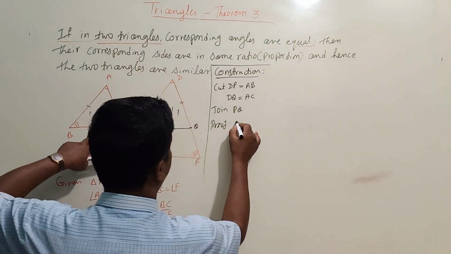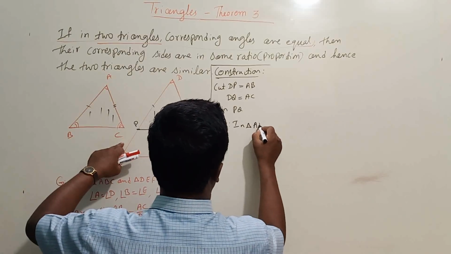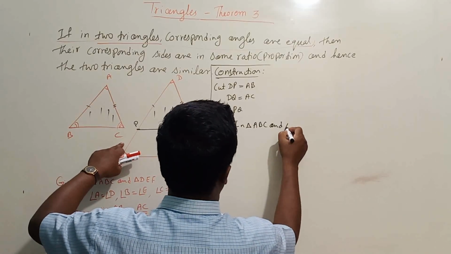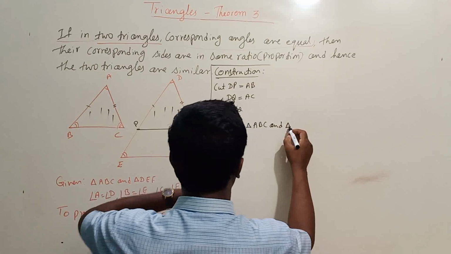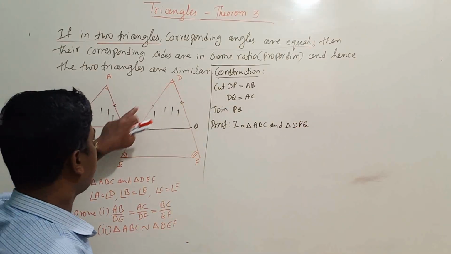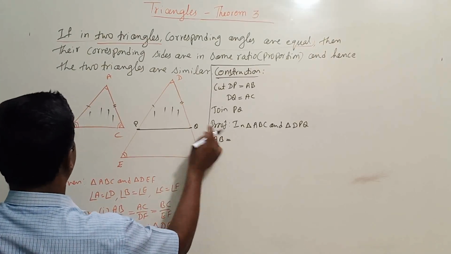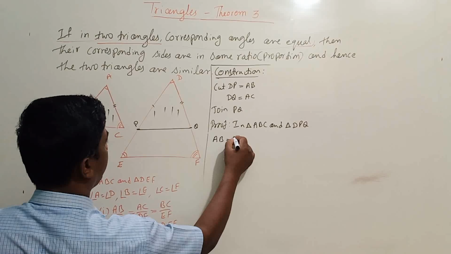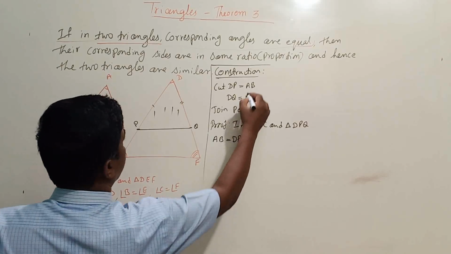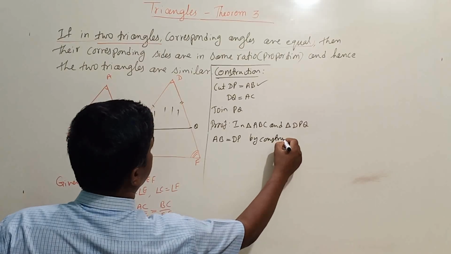So see here. In triangle ABC and triangle DPQ, what we have? AB is equal to DP, by construction.